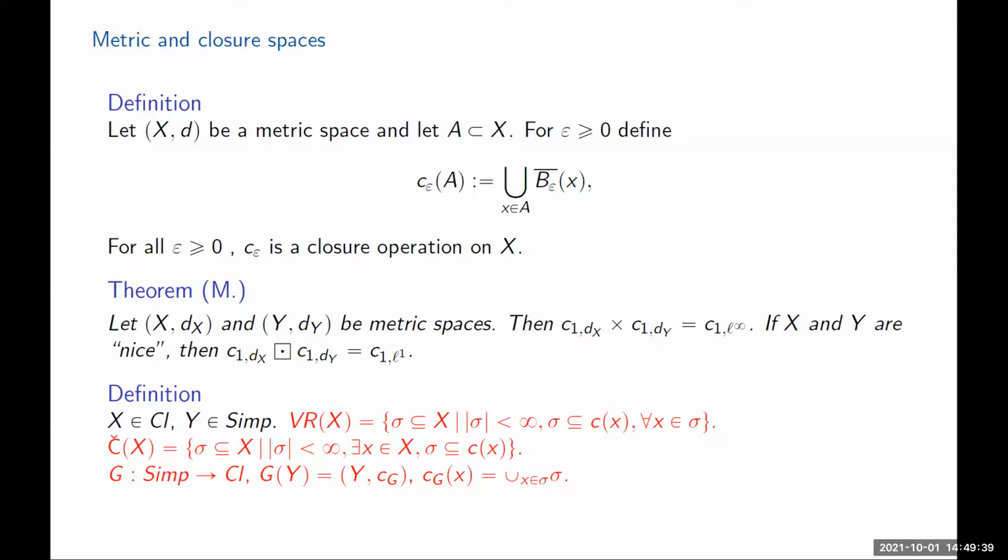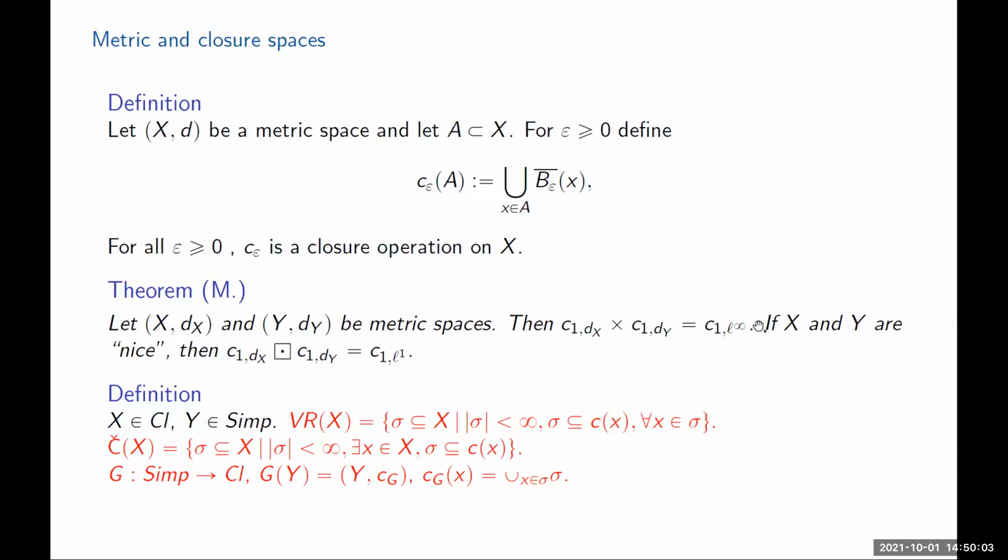And a nice observation is, if you have two metric spaces and you put the closure on one or both of them to thicken by 1, that's actually the product. The closure on the product, the regular product closure, will be just thickening by 1 in the L infinity metric.